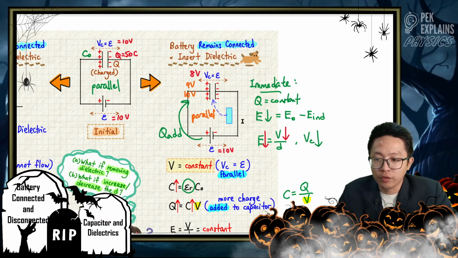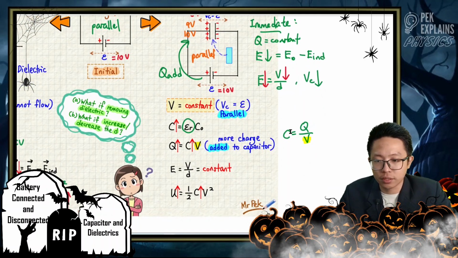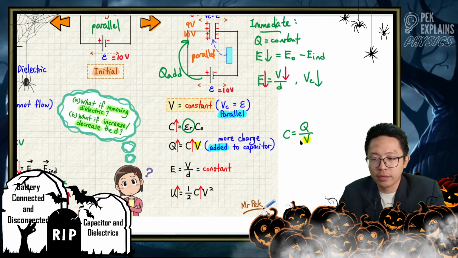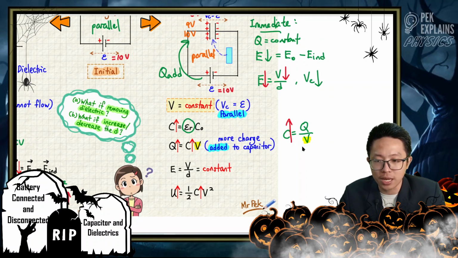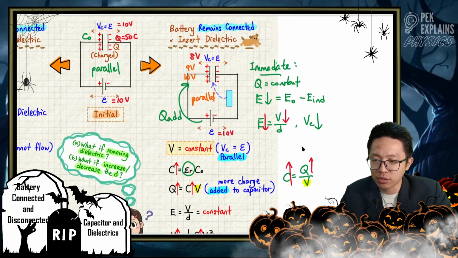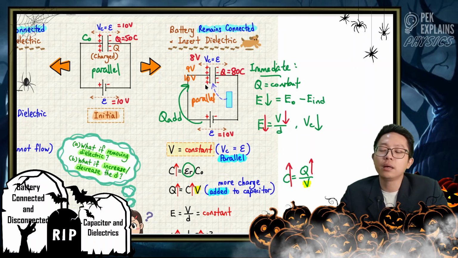But now with the dielectric, still connected to the same 10 volt battery, the same voltage, of course, and you have the dielectric already, the capacitance increases, isn't it? The capacitance increases. That means it can store more charge. That means more charge will flow from the battery to the capacitor. That means now the charge can become maybe 80 coulombs.